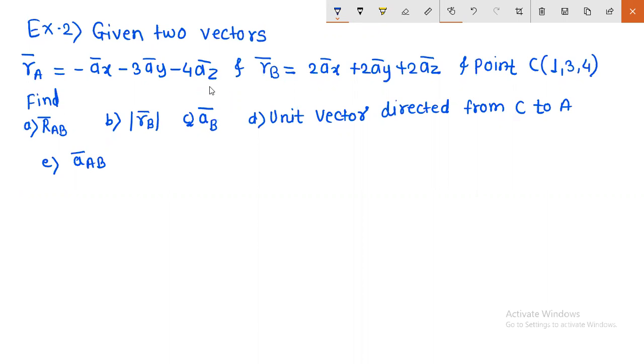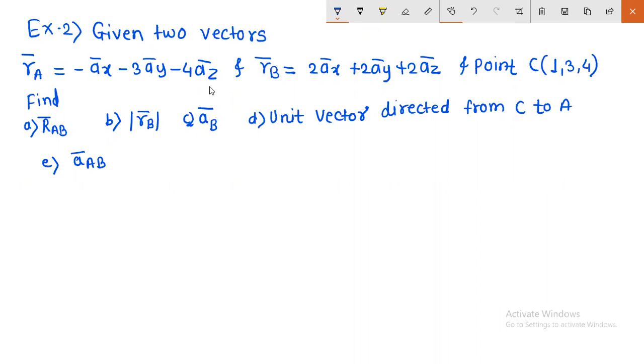Then how to find mod of r bar B? Square root of 2 square plus 2 square plus 2 square, right? That is mod of small r bar B.